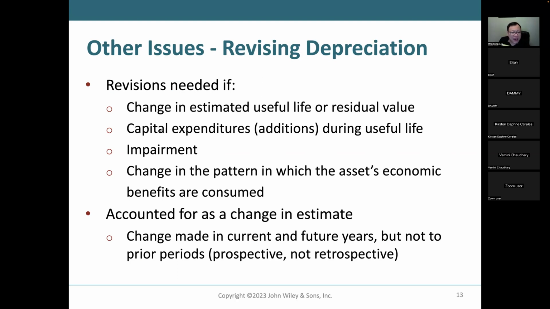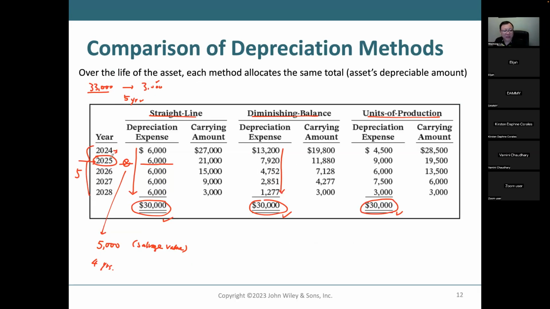Now, capital expenditures, additions during useful life. In this example, they are talking about the vehicles. Suppose at the year of 2027, the previous estimate was 5 years useful life, and at the end of 2027, you probably only have 1 year left.